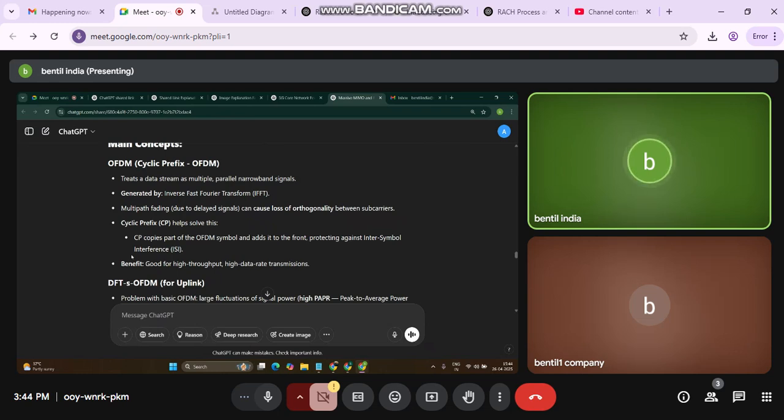A single signal arrives at the receiver at different times because of fading effects, non-line-of-sight components, and non-orthogonality. This is handled by the cyclic prefix. Cyclic prefix is nothing but a copy of the last part of the symbol added at the beginning, so that when two OFDM frames overlap with each other, there will be no loss of information and no interference.